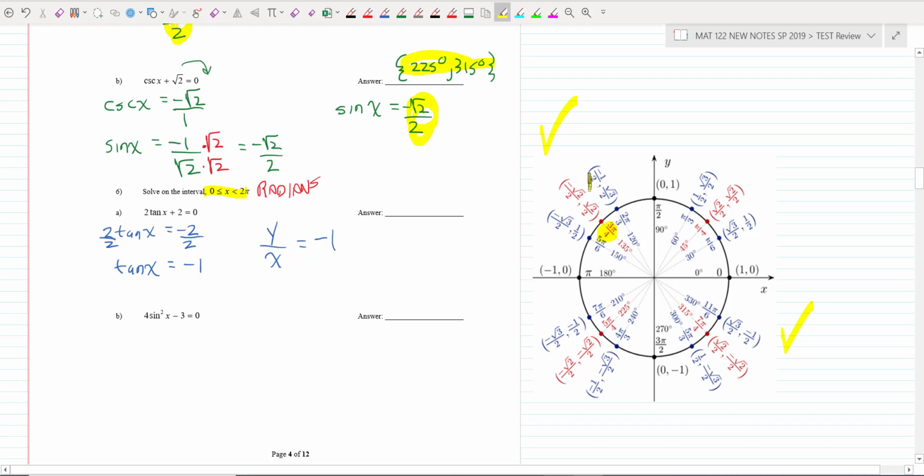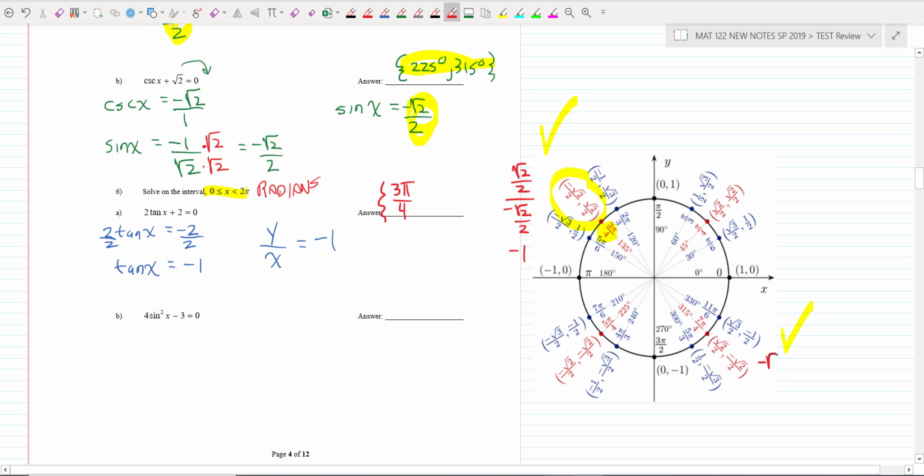Well, one place would be there, because if you did y over x here, you would have root 2 over 2 all over negative root 2 over 2, which would be negative 1. So one answer of this problem clearly would be 3 pi over 4. You go here, same thing would happen.